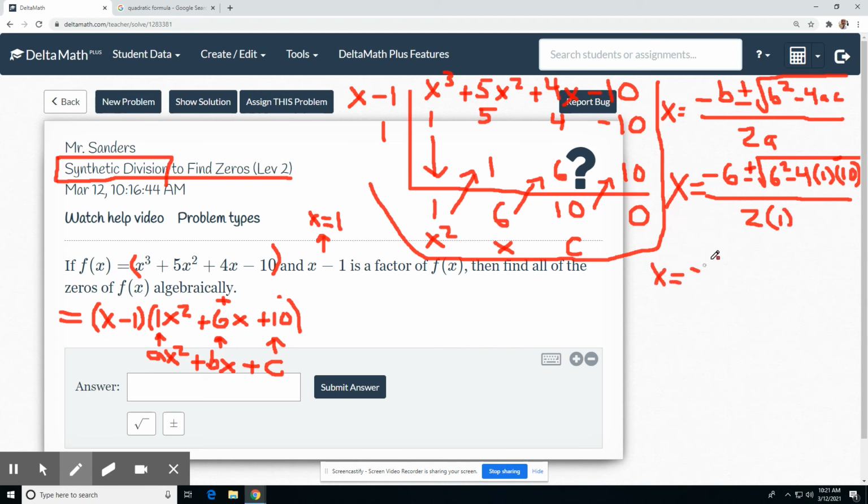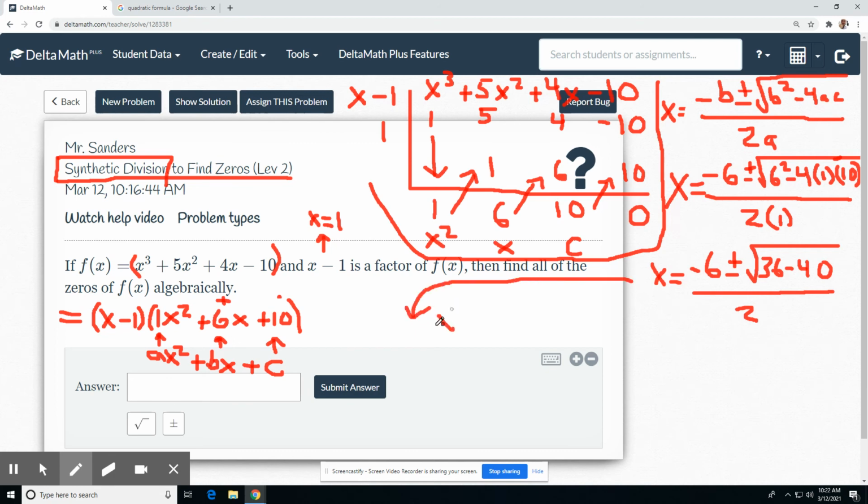X is equal to negative 6 plus or minus square root of 36 minus 40 all over 2. That tells us that x is equal to negative 6 plus or minus the square root of negative 4 all over 2.